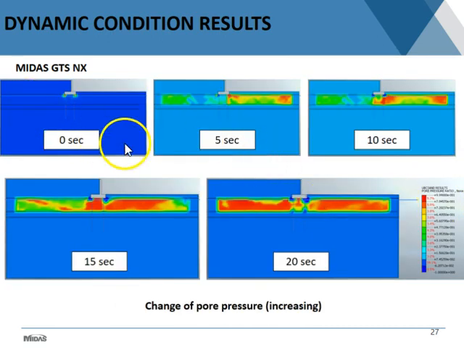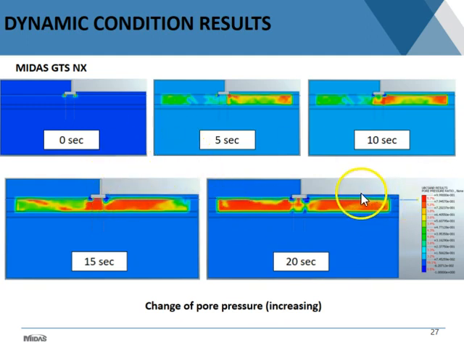If you see the evolution of liquefaction in Midas, you can get plots that look like this. Here is the initial condition in terms of excess pore pressure, and then you have what happens at 5 seconds, 10 seconds, 15 seconds, and 20 seconds of the earthquake. You see that at 20 seconds, most of the liquefiable layer is already liquefied.